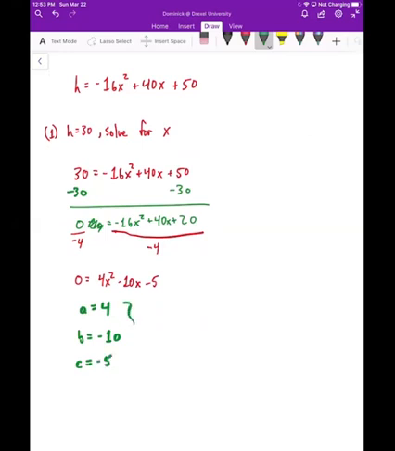So in the quadratic formula, we get x is equal to negative 10, negative 10, plus or minus b squared, so negative 10 squared, minus 4 times a, which is 4, times c, which is negative 5, all over 2 times a, or 2 times 4.